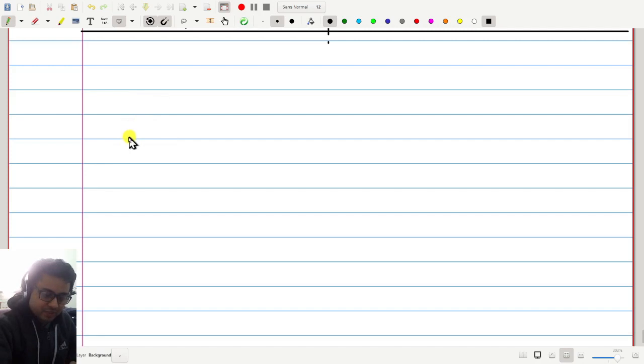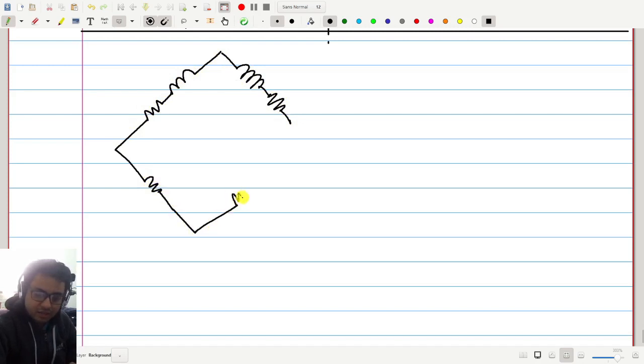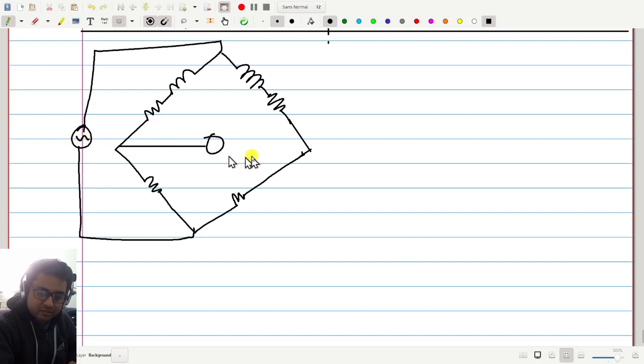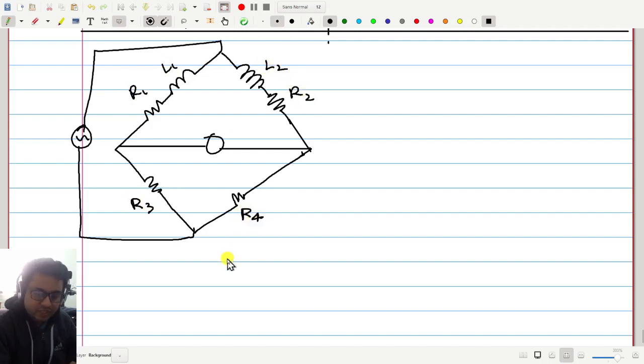Let me take a simple bridge: L, R, source, detector, and R1, L1, L2, R2, R3, R4. Now suppose these are the unknowns.